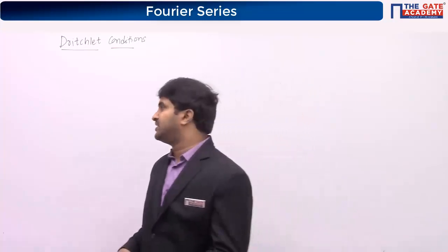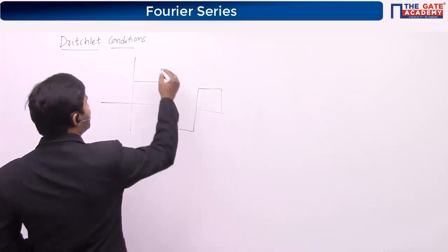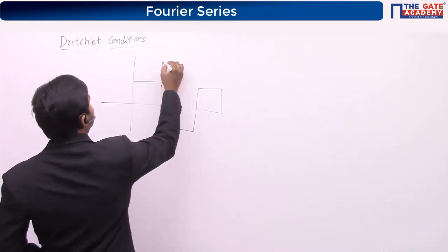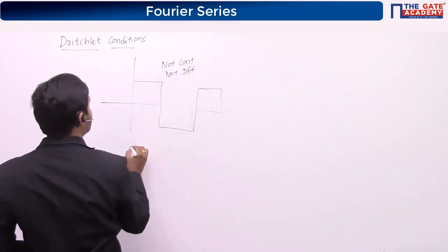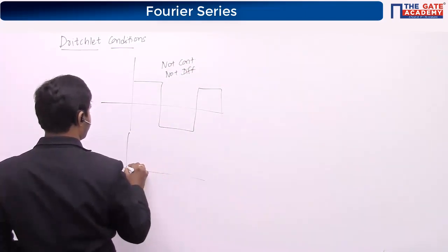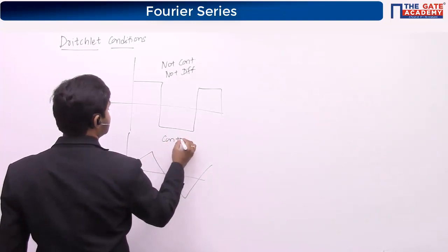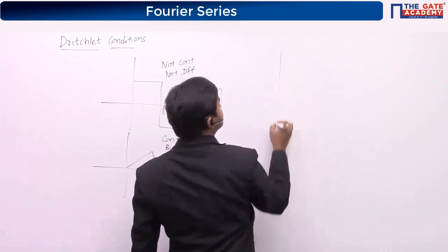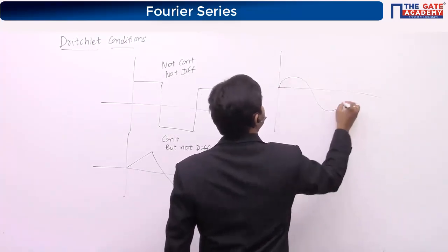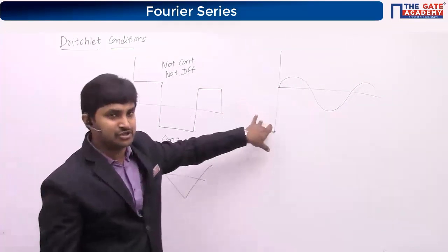We have seen the example of a square pulse, which is not continuous, and if it is not continuous, it cannot be differentiable. And the triangular function is an example of continuous but not differentiable, whereas sine and cosine are continuous and differentiable.